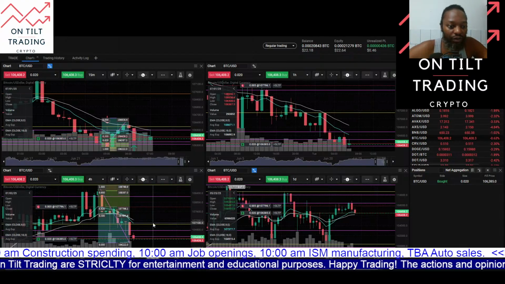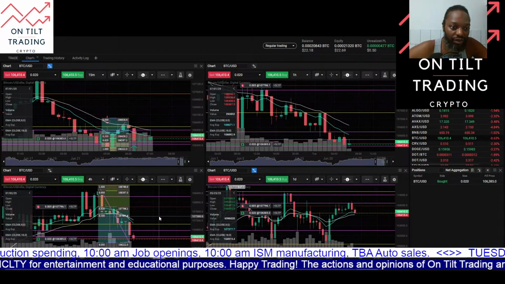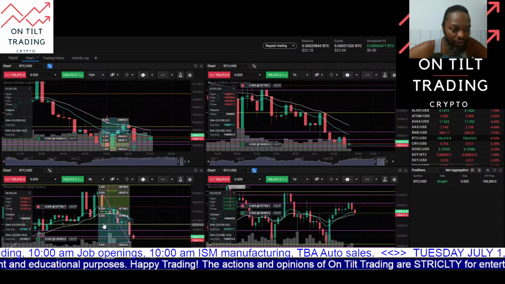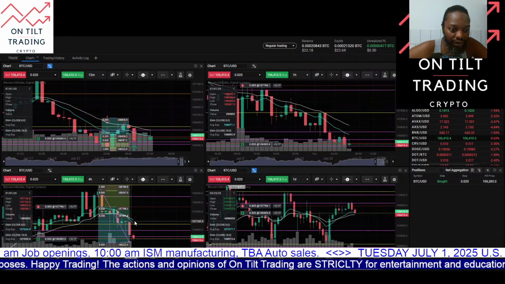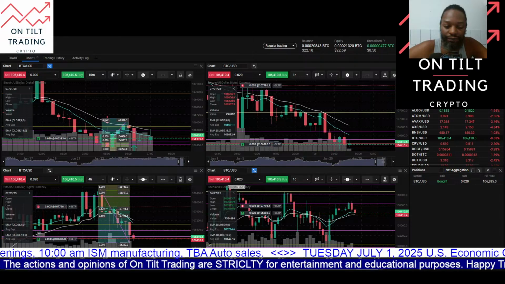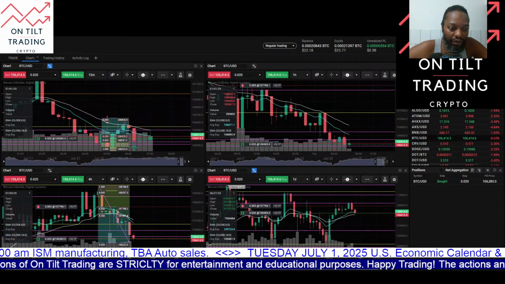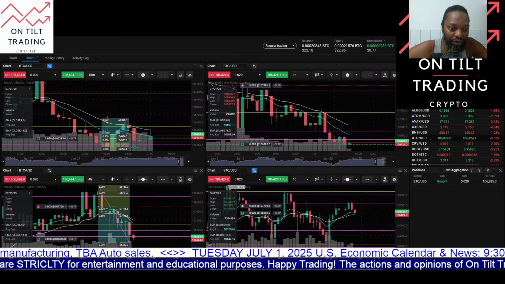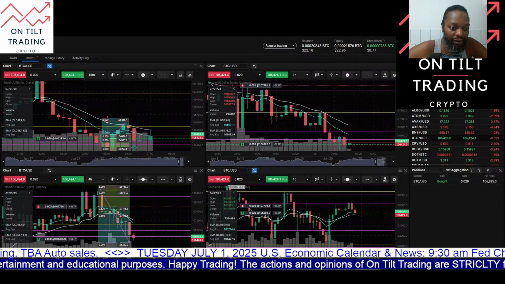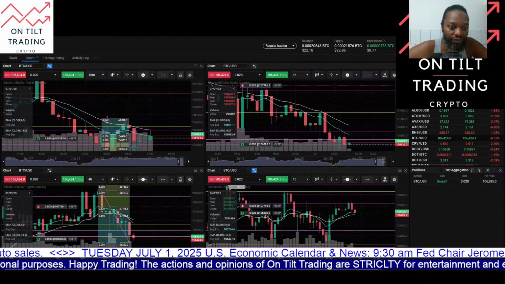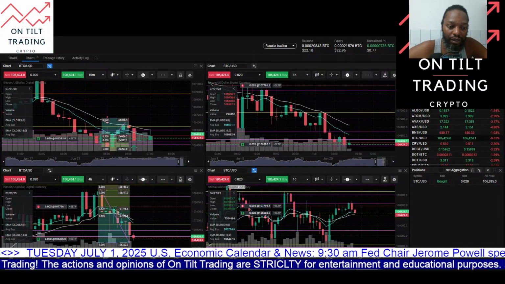So this was the opening structural range here on Bitcoin, and then you can see that with this candle closing below here, we get a market structure shift on the 4-hour chart.